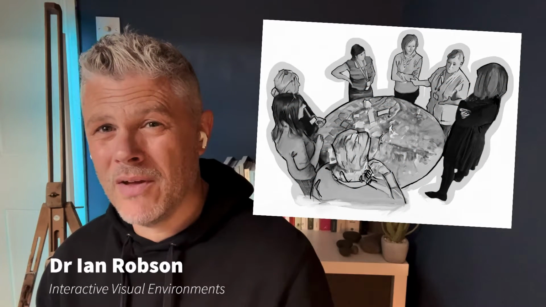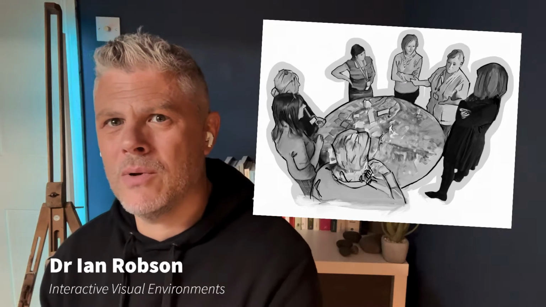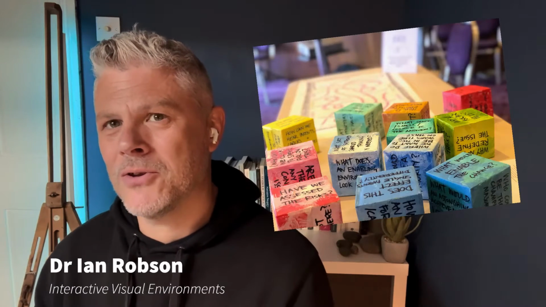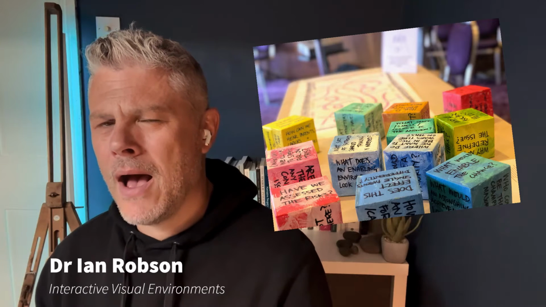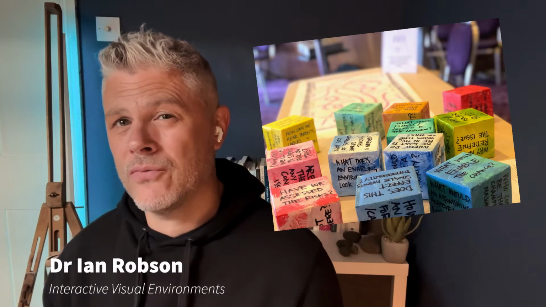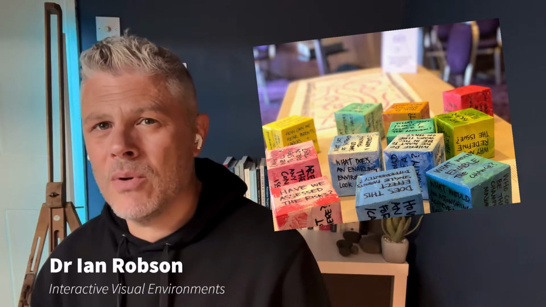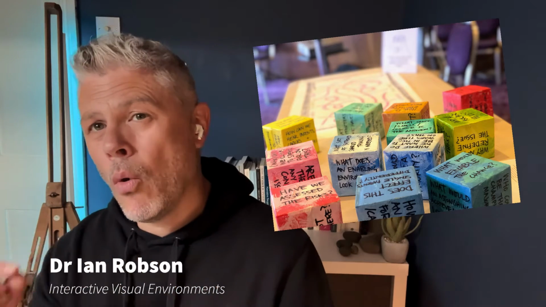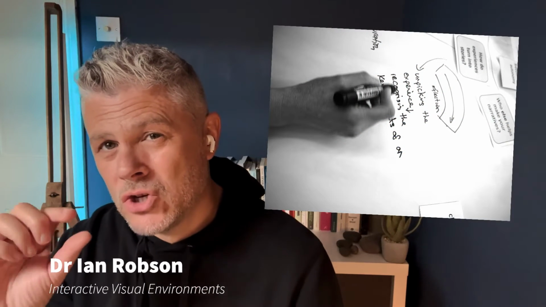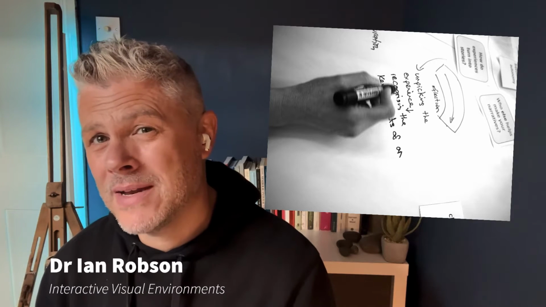If that sounds a bit vague, think about it in this way. Very often when people come into a room together, we get into our little habits, don't we? We sit at tables, we might have agendas, we might dress a certain way, we might interact a certain way. Sometimes when we're undertaking research, visual methods in terms of how the space is laid out, the material environment, the visual elements in the room, can all help to adjust that environment into a space where people are connecting more effectively with one another.